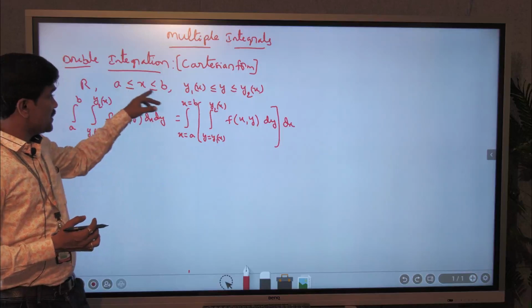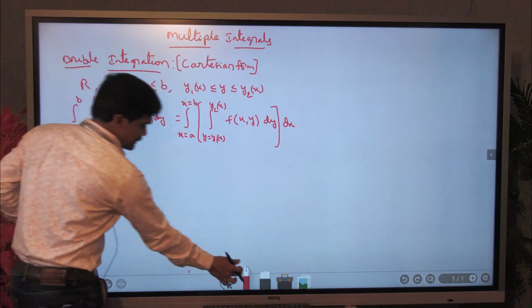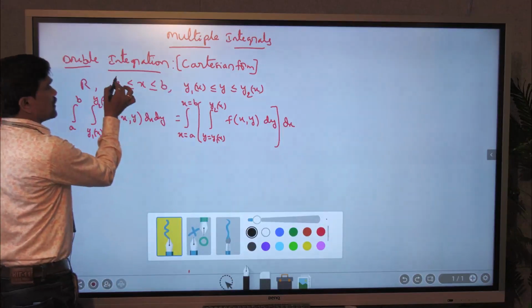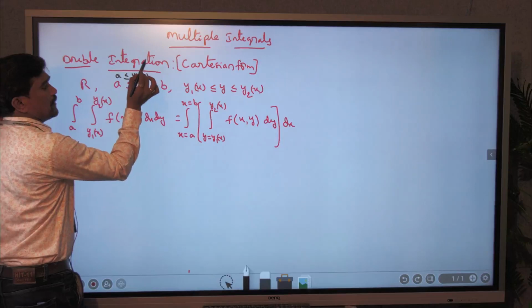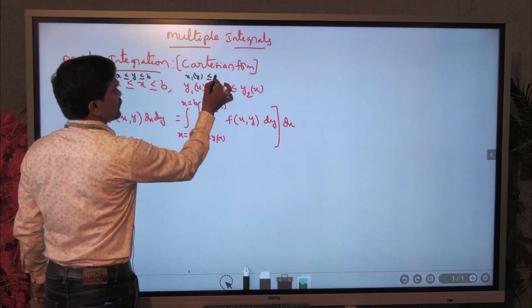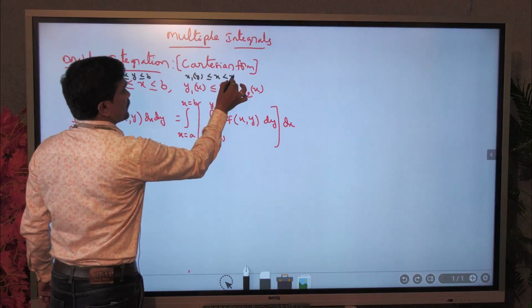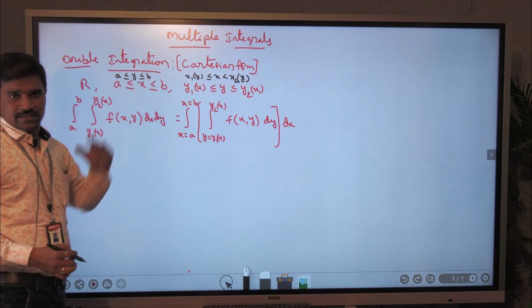Now suppose the region is defined by a less than or equal to y less than or equal to b, and x1 of y less than or equal to x less than or equal to x2 of y. So R can be described by these inequalities.